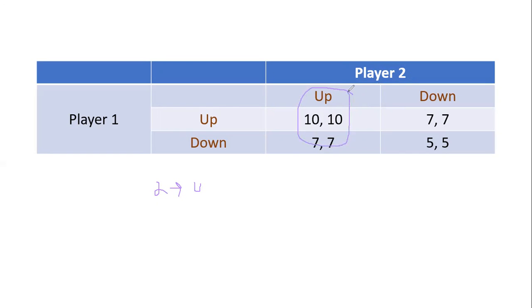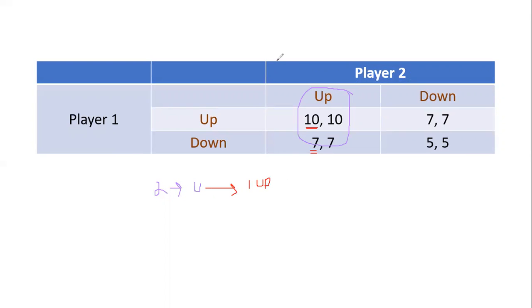So if player 1 also plays up, his outcome is 10, and if he plays down, his payoff will be 7. As we assume both players are rational, player 1 should go for up because it maximizes his payoff.